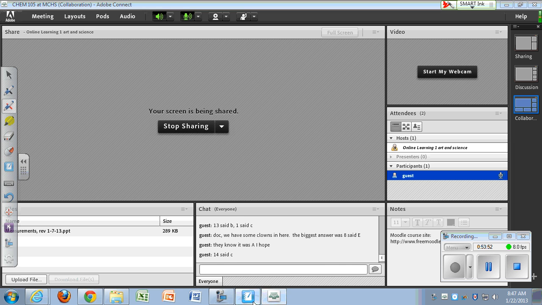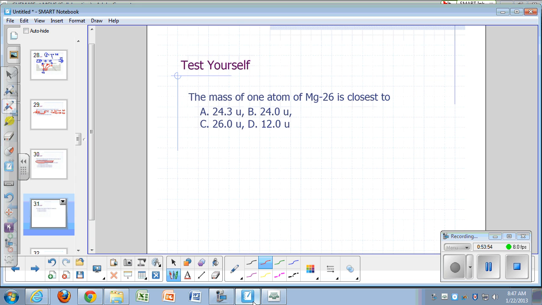Okay, 14 says C. Very good. So the mass number tells you what the mass of the atom is to the nearest tenth of an atomic mass unit. So you don't need to look up the answer in a periodic table because it tells you right there what the mass is of that atom.